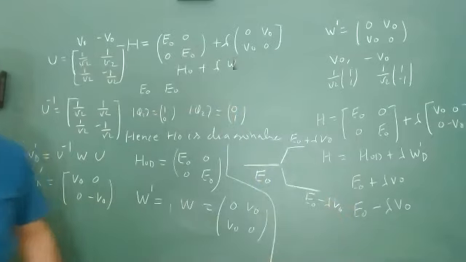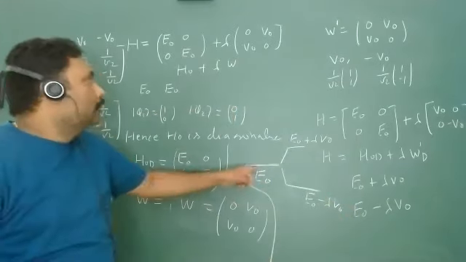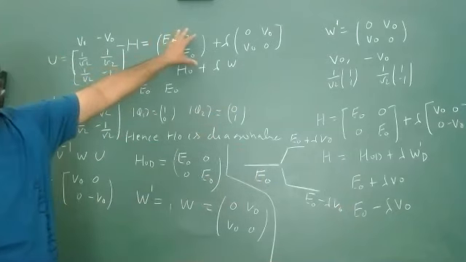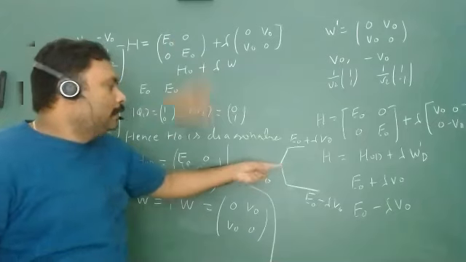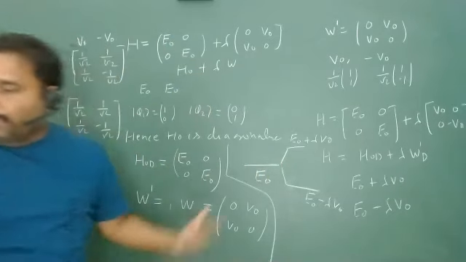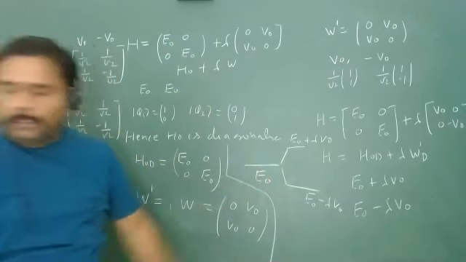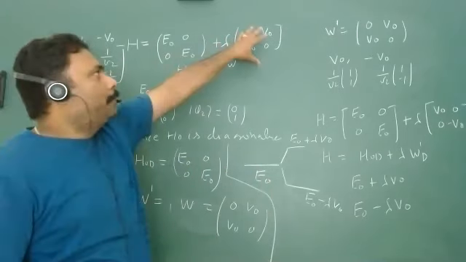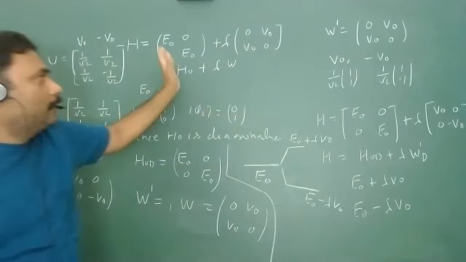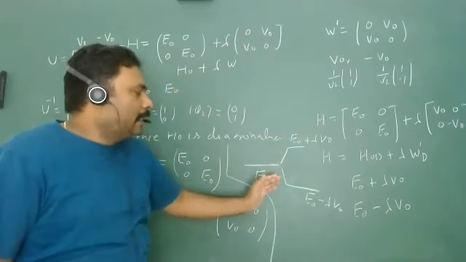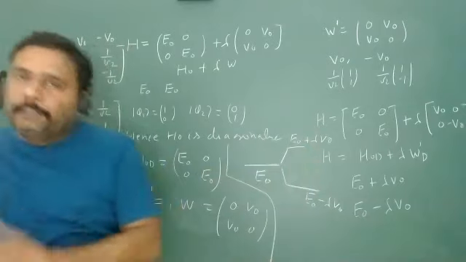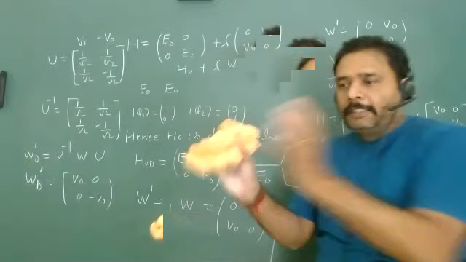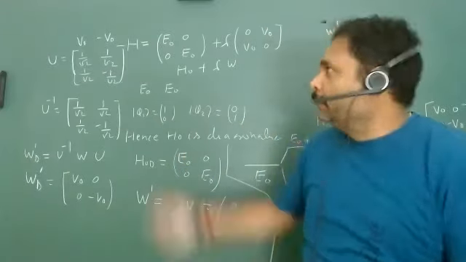Due to degeneracy, the space was 2 cross 2, but we were getting only one eigenvalue, and we were confused about which state is associated with which E naught. But we have perturbed this system such that it breaks into two parts, and the two-dimensional space appears as two-dimensional.